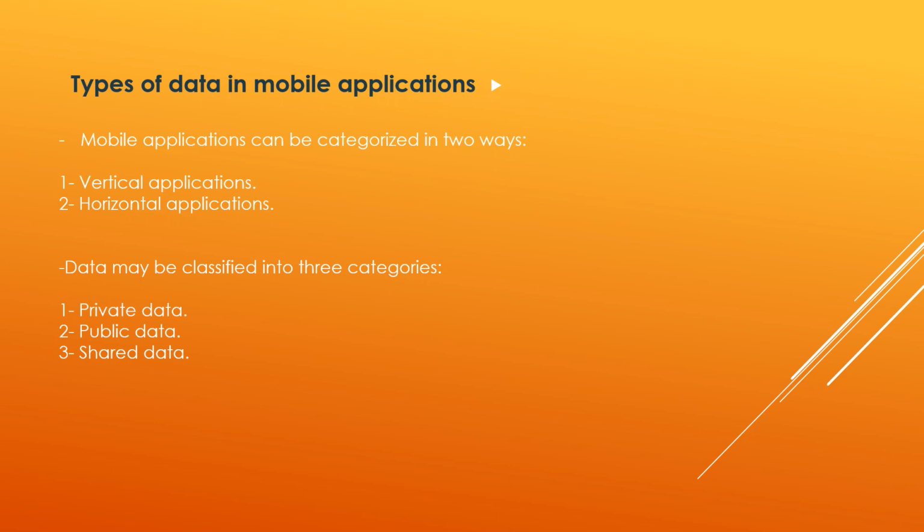Types of data in mobile applications. Mobile applications can be categorized in two ways: vertical applications and horizontal applications. In vertical applications, users access data within a specific cell, and access is denied to users outside of that cell. For example, users can obtain information on the location of doctors or emergency centers within a cell, or parking availability data at an airport cell.